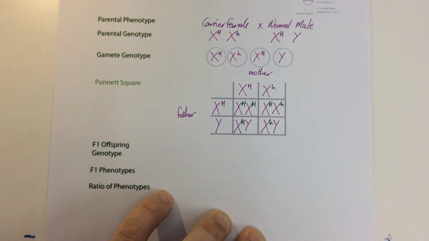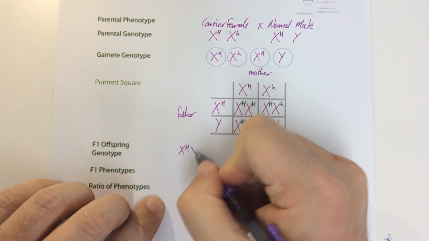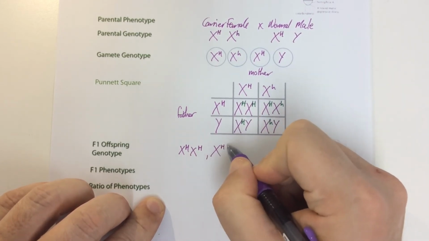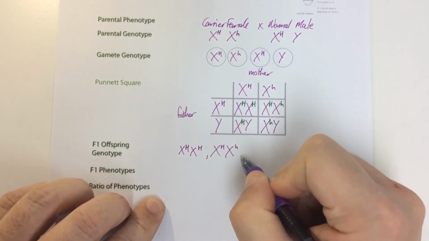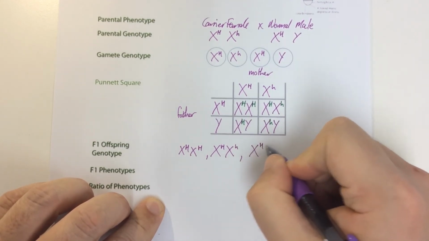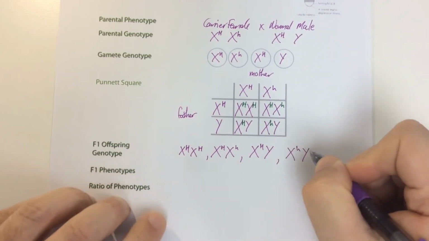Okay, so what are our genotypes? We have that one, so two girls and a boy and a boy.